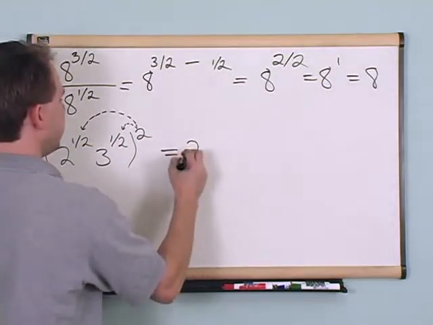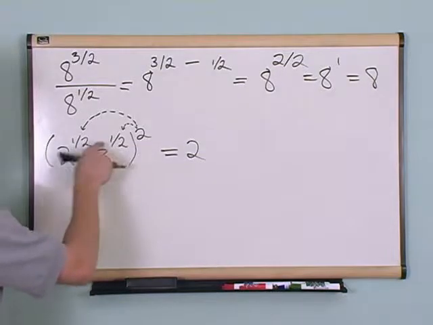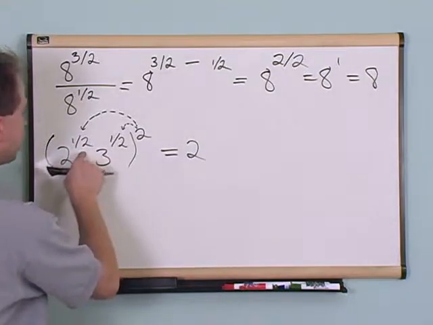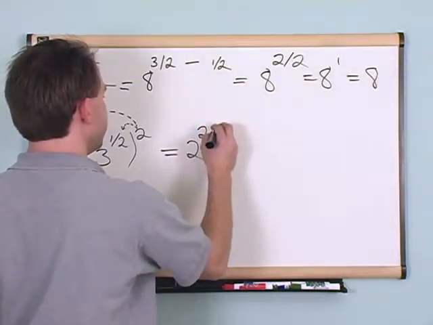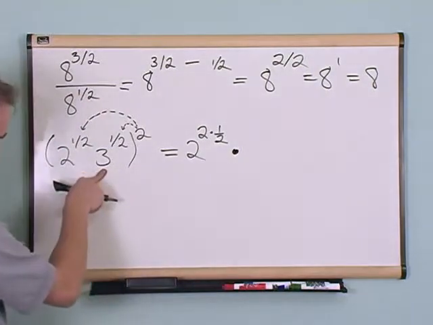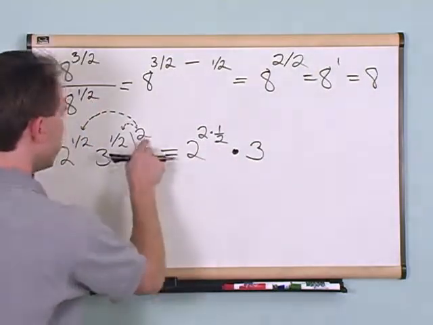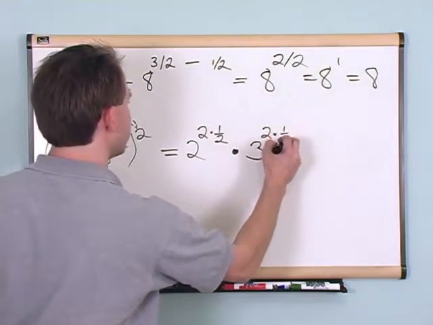So what you will have is 2, and this gets multiplied by this because it's an exponent raised to an exponent. So that's 2 times 1/2. Again, that's multiplied by this one, which is 3, and then 2 times 1/2.